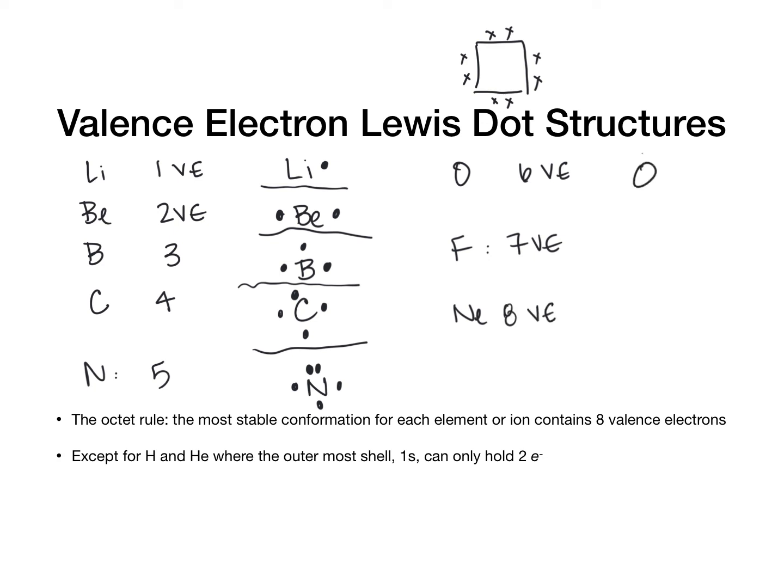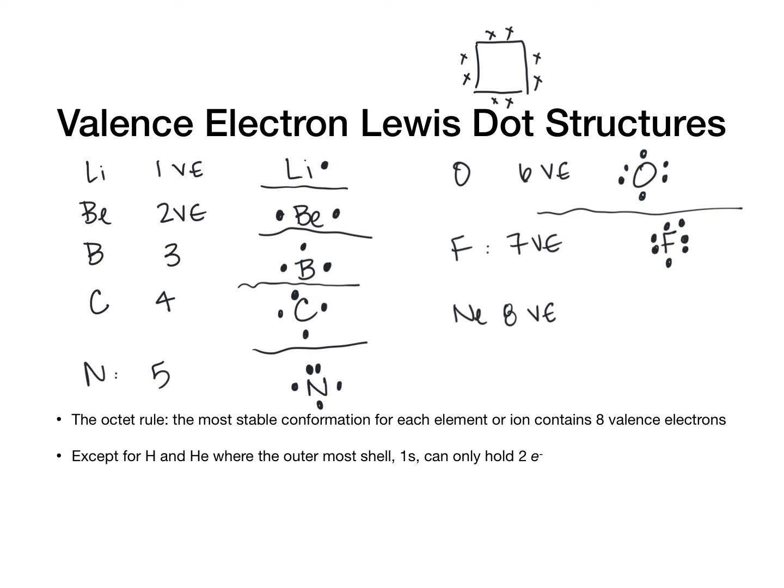For oxygen, we have 1, 2, 3, 4, 5, 6. It's really important that the 2 single electrons are on opposite sides, because this will help us as we build our models into 3D space. Fluorine has 7, so we have 1, 2, 3, 4, 5, 6, 7.